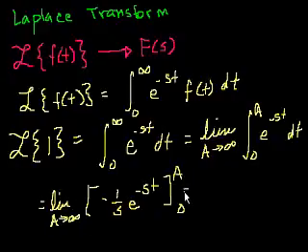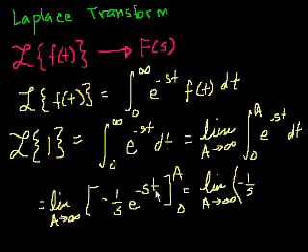So this is equal to the limit as a approaches infinity of, okay, if we substitute a in here first, we get minus 1 over s. Remember, we're dealing with t. We took the integral with respect to t. e to the minus sa, right?